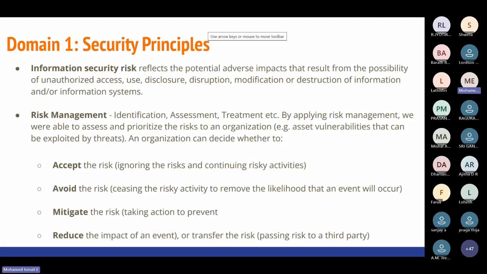Like the ATM use case, they end up accepting the risk because it is not going to harm their business. ATM machines continue to run. No one can hack the ATM device because it is not connected to any network. Isolated, independent devices. Now, next one, let's come to avoid.